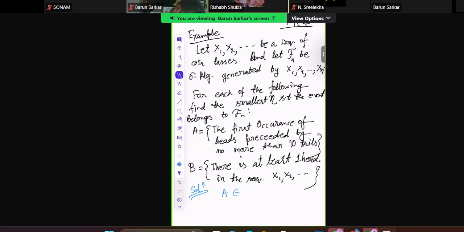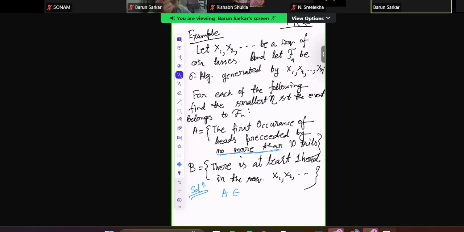Then it can come after one tail also. Yes, it can come after one tail also. Then A belongs to F1, F2 also, sir. Yes, that can be. The first occurrence of heads is preceded by no more than 10 tails, so maximum 10 tails can happen. What you are telling is correct.